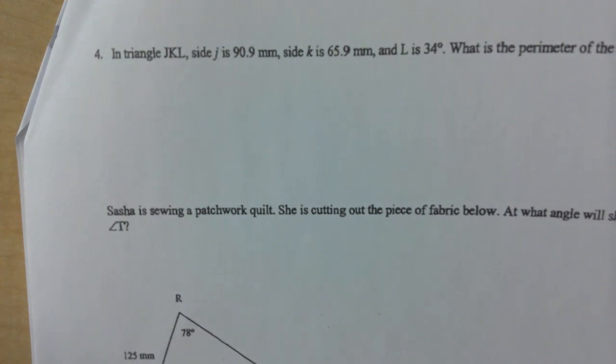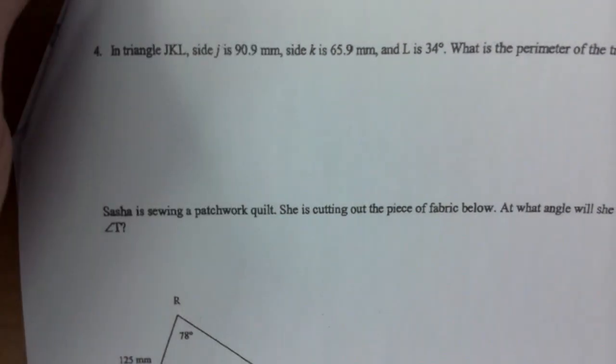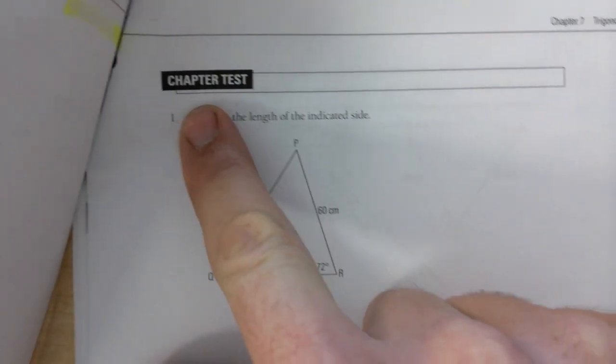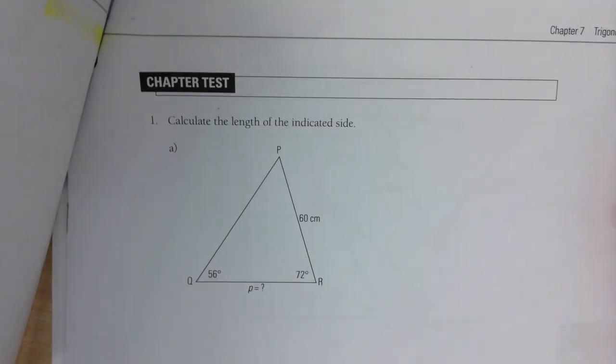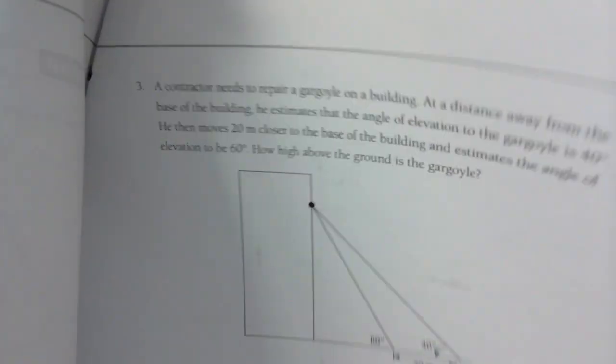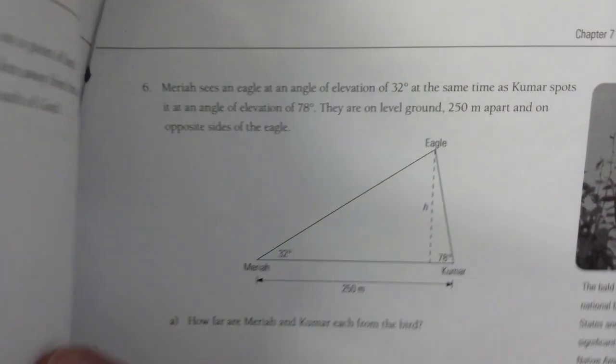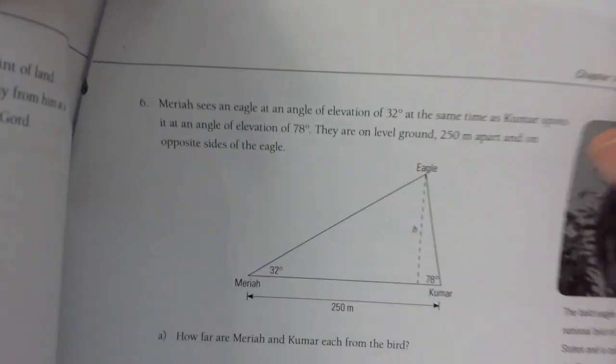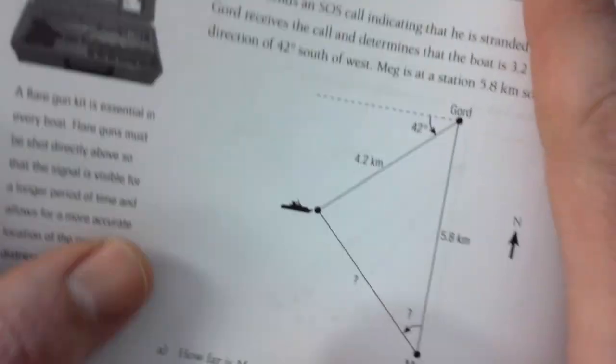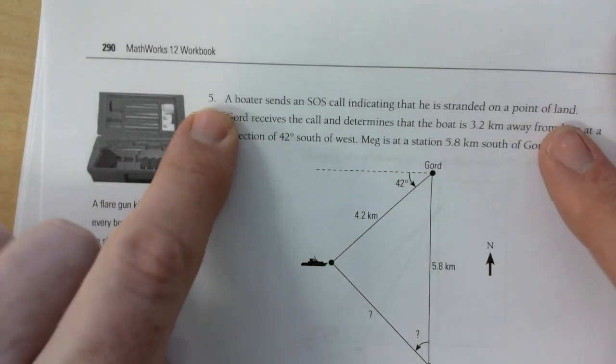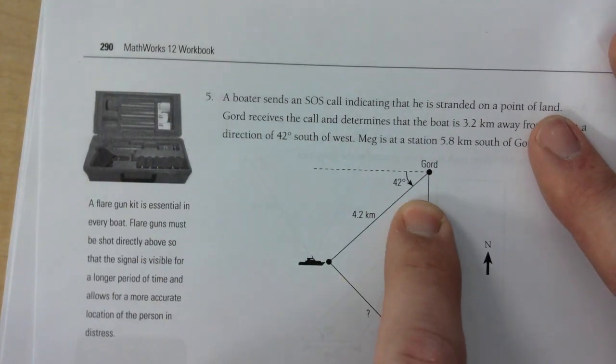And as well, if you haven't done so already, there's that chapter test at the end, for which I already posted the key. I'm going to warn you, I was made aware of a mistake. Question 5, I put 38 in here.